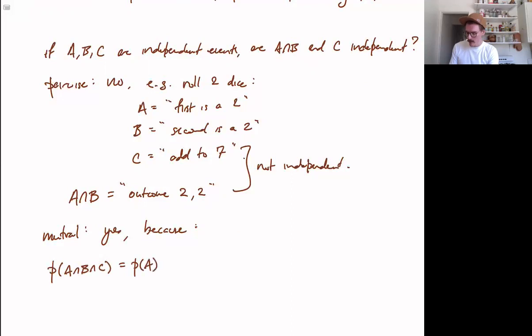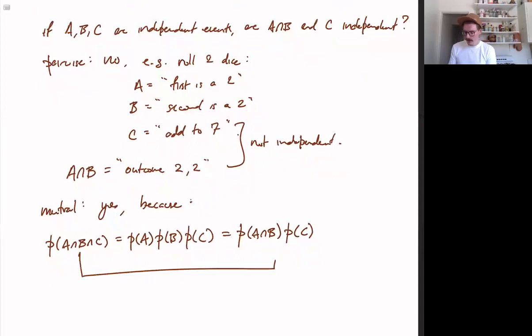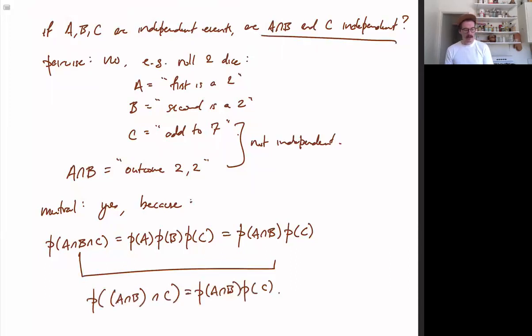We can split this into probability of A times probability of B times probability of C. And again, since these two are independent, we can join these back into probability of A intersect B. And this equality is exactly saying that the probability of A intersect B intersect C is probability of A intersect B times probability of C, which is exactly saying that these two events are independent.